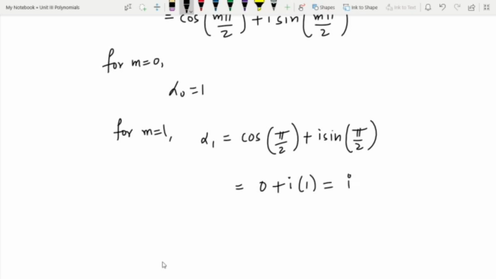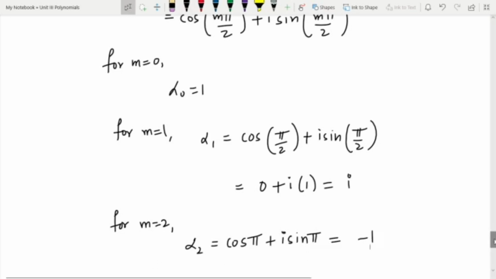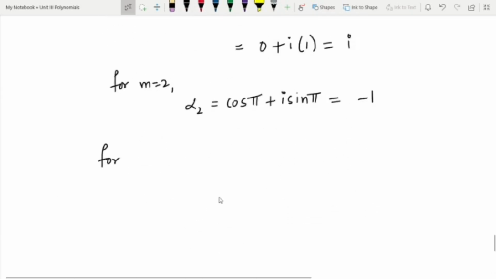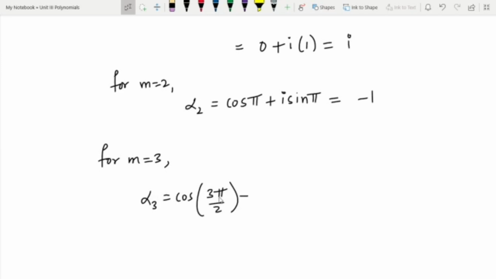Now we will go for alpha 2. For m equal to 2, your alpha 2 will be cos of pi plus i sin pi. Now sin pi is 0, cos pi is minus 1, so this is minus 1. For m equal to 3, alpha 3 will be cos of 3 pi by 2 plus i sin 3 pi by 2.